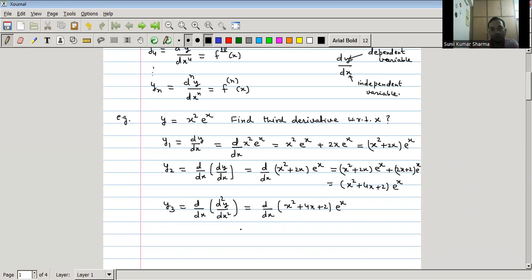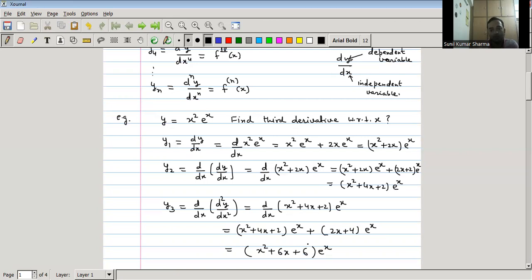Again we use the product rule. So first function x square plus 4x plus 2, derivative of e to power x is e to power x, plus the derivative of x square plus 4x plus 2, that is 2x plus 4, into e to power x. So again we can take e to power x common. So it is x square plus 4x plus 2x, it becomes 6x, plus 4 plus 2, it is 6, e to power x.